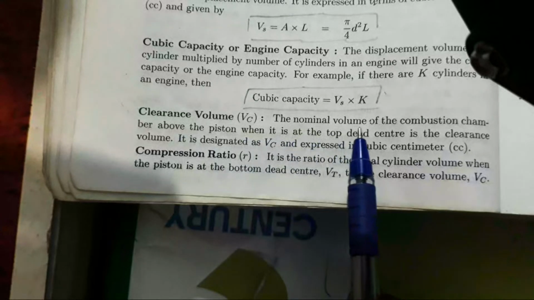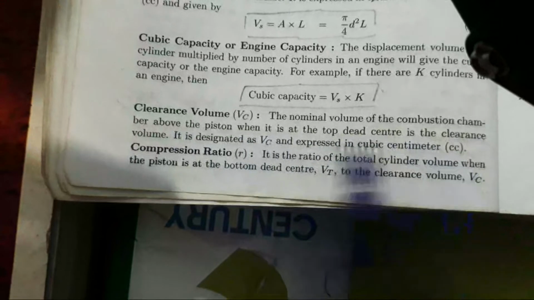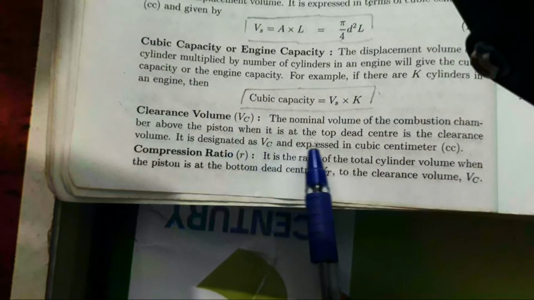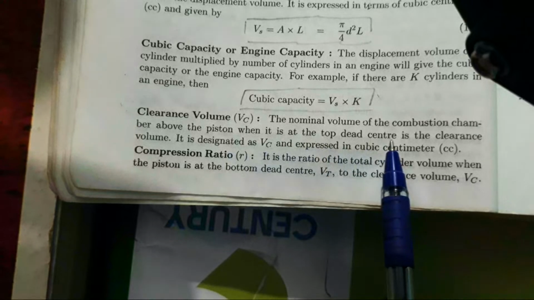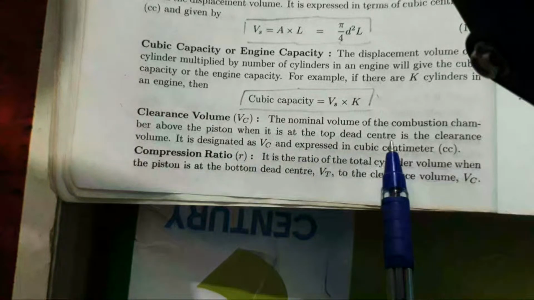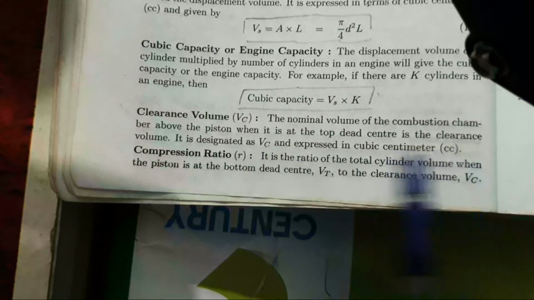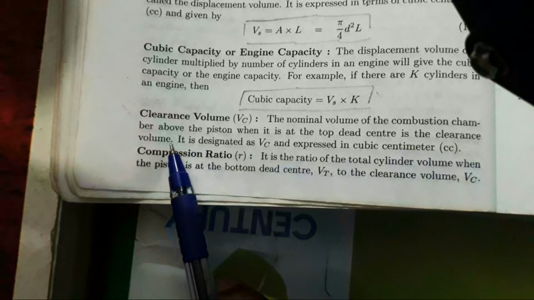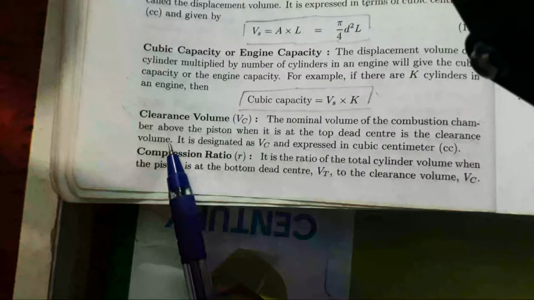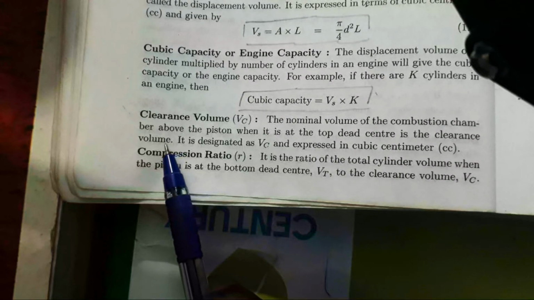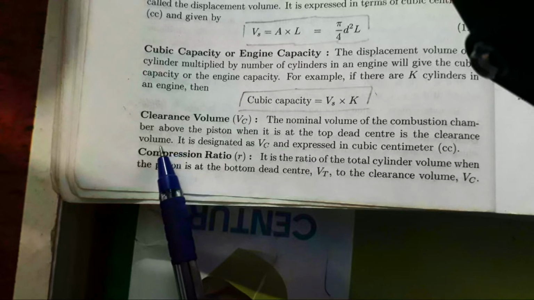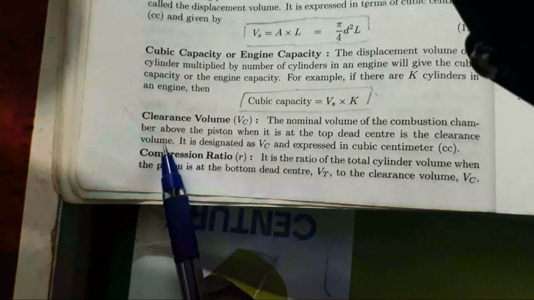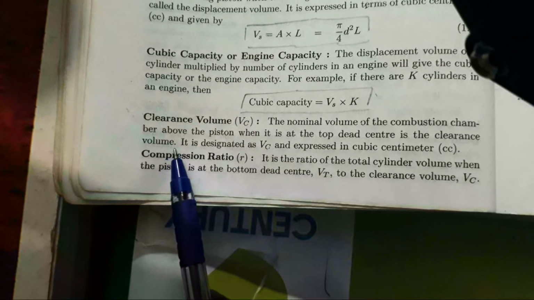The nominal volume of the combustion chamber above the piston, when it is at the top dead center, is the clearance volume. जब ये टॉप डेड सेंटर पर होते हैं, इज द क्लियरेंस वॉल्यूम, सिलेंडर के नीचे लाइन से पिस्टन के ऊपर लाइन तक क्लियरेंस बराबर होती है जब पिस्टन टॉप में हो.